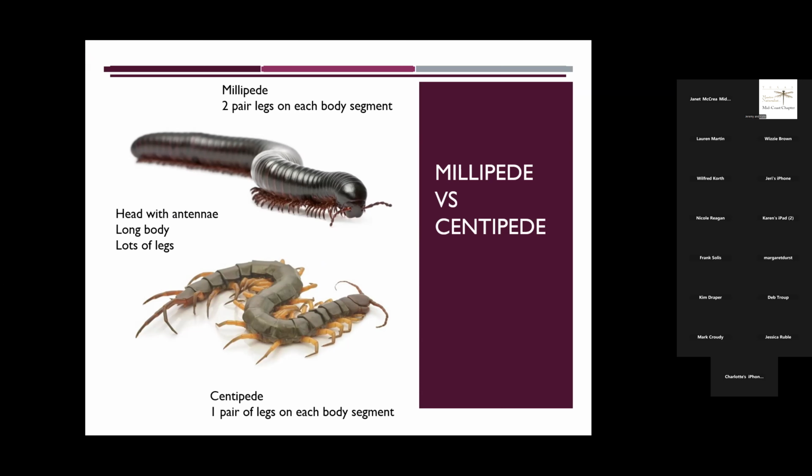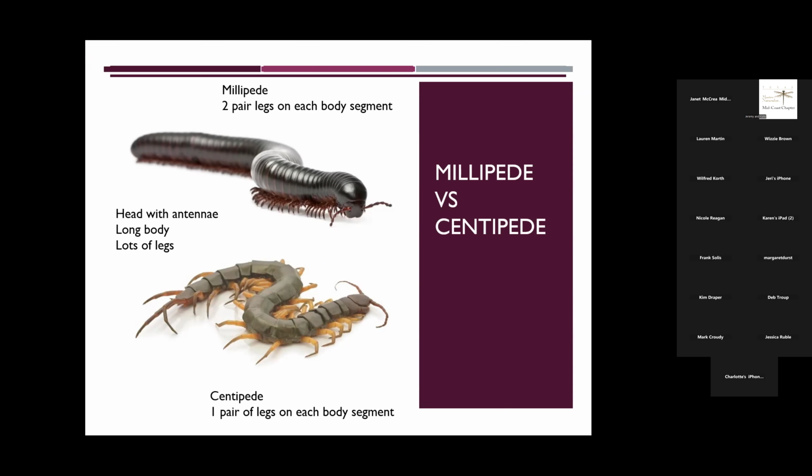They have a long worm-like body, and then they have lots and lots of legs. The two most common that we deal with are going to be the millipedes, which are on the top there, and the centipedes, which are on the bottom.